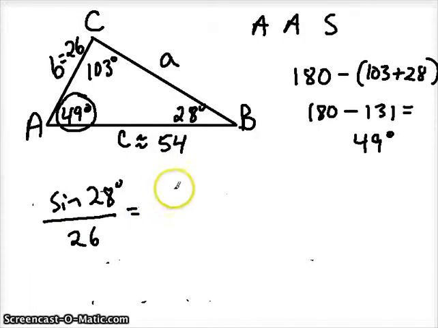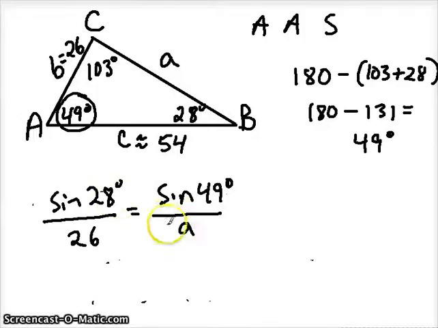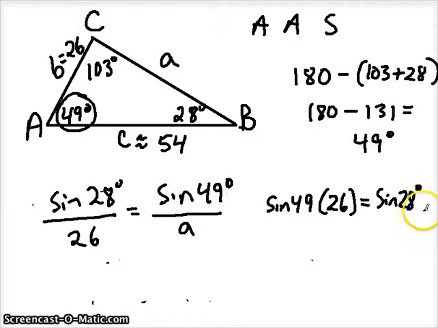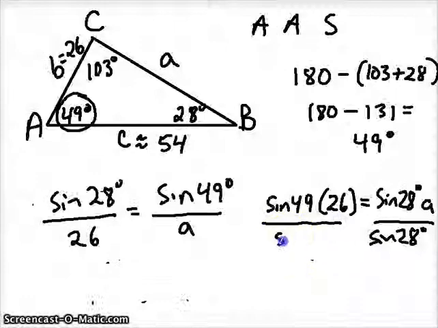And now I can set up my ratio for A. So we say sine of the angle over the side value. We cross multiply and solve. So if we do sine of 49, find that decimal value, multiply it by 26, that should equal sine of 28 degrees times A. So to solve for A, we divide by the sine of 28.